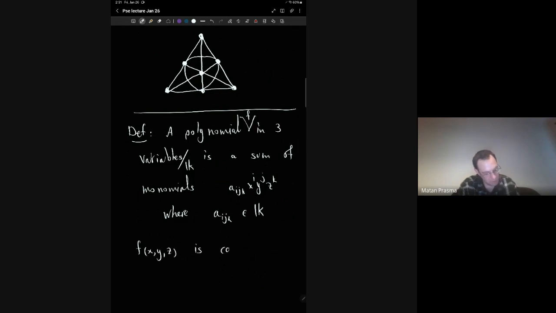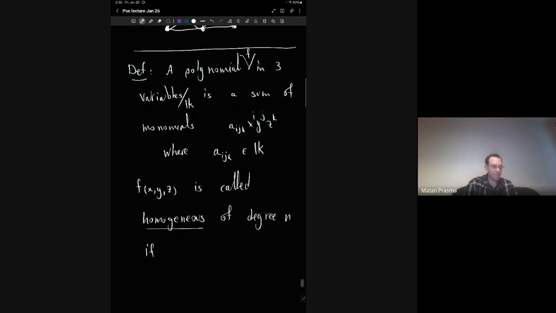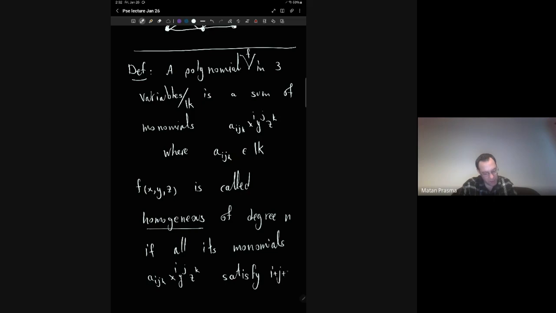F(x, y, z) is called homogeneous of degree n if all its monomials A_ijk x to the i, y to the j, z to the k satisfy i plus j plus k equals n.